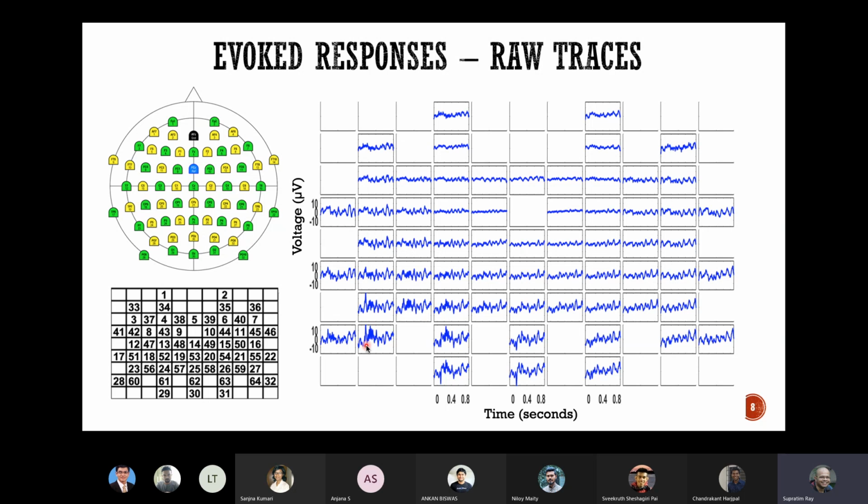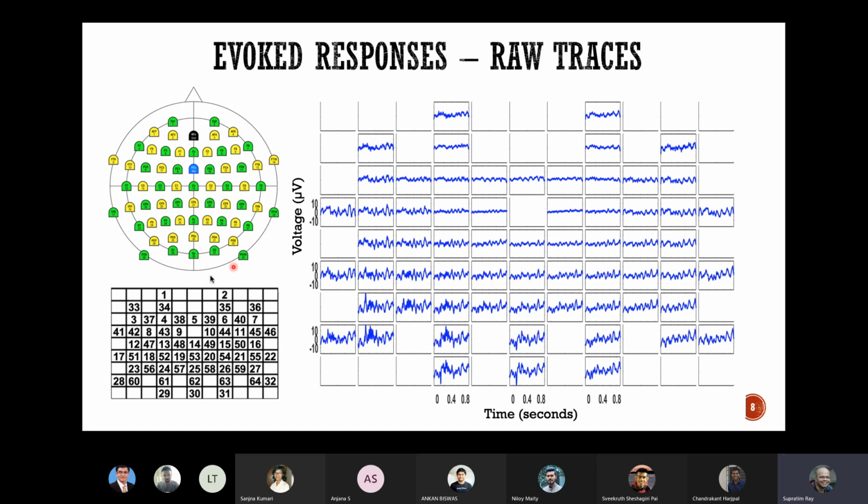This is a response. However, it's not localized to one location. There are quite a few electrodes that are showing a response. And maybe you can also see this slightly dense packing here. This actually corresponds to the gamma rhythm. So the line becomes slightly fatter after the stimulus is presented.